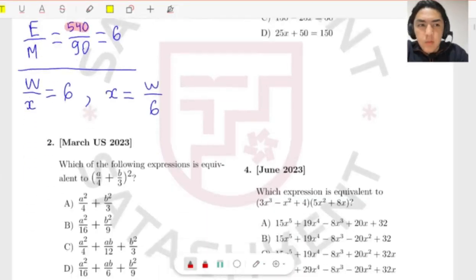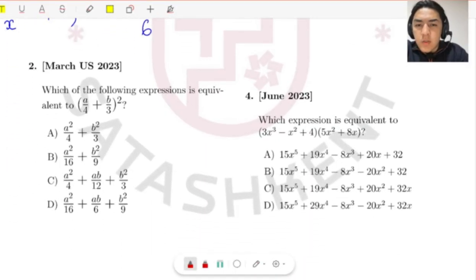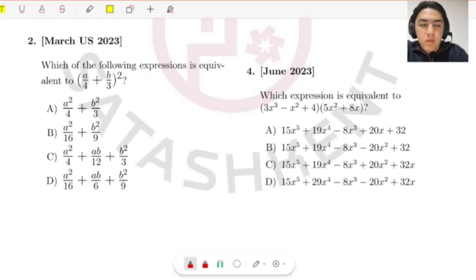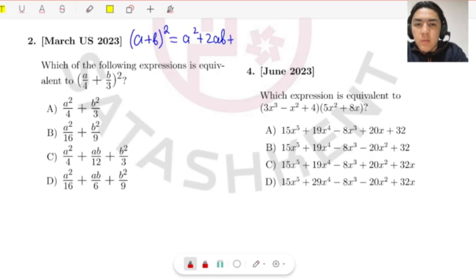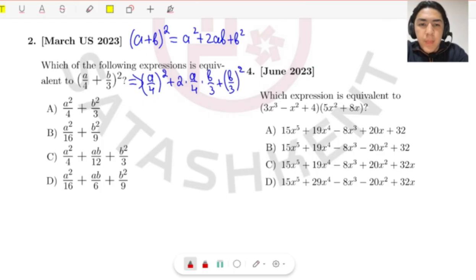So let's move on. Which of the following expressions is equivalent to this one? As you know, we have a formula, a plus b squared equals a squared plus 2ab plus b squared. We'll be using this formula now. So it's going to be (a over 4) squared plus 2 times a over 4 times b over 3 plus (b over 3) squared.